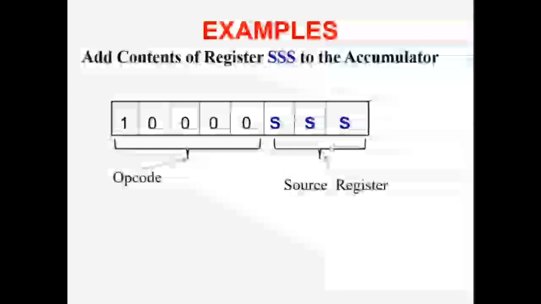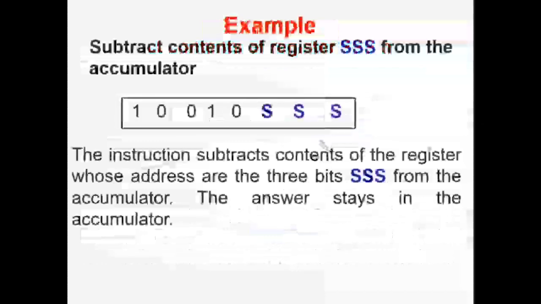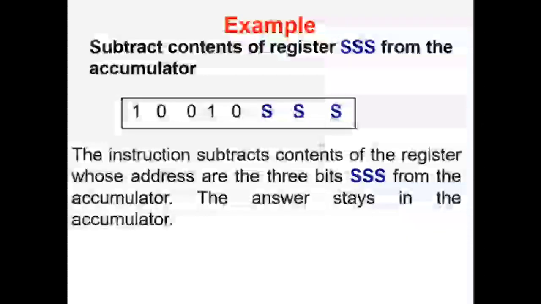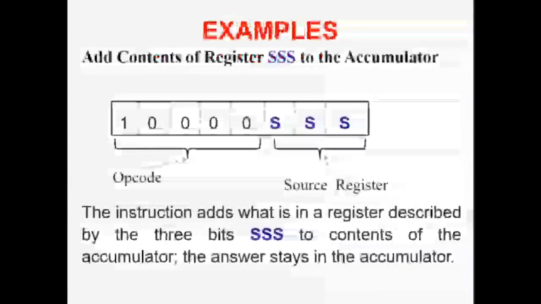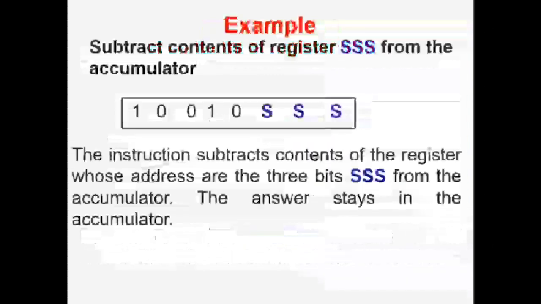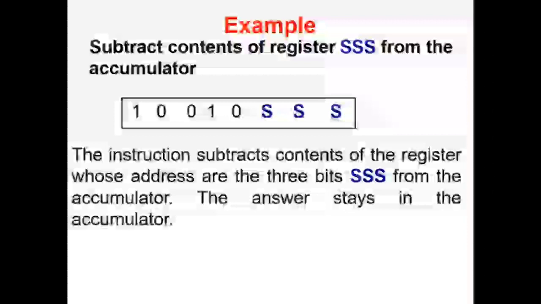So let us continue. The next machine language is to subtract. Now you note the format for subtracting. The code for subtracting is 100010, then SSS, which means that we are subtracting from the accumulator.